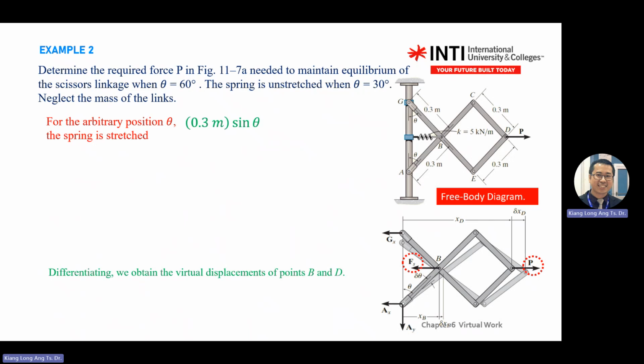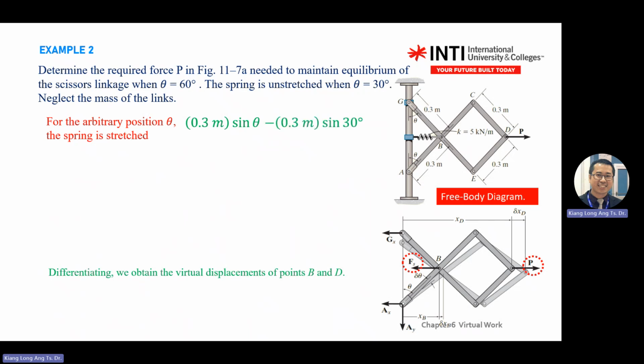Okay, so this one is to try to find everything in terms of the angle. So for an arbitrary theta, you put the distance in terms of theta using trigonometry. Spring stretch, maybe this one, your XP.